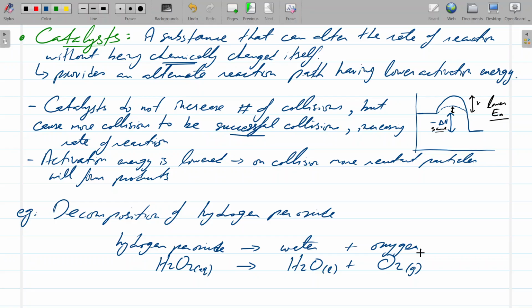We can add a 2 in front of the H2O2 on the reactant side.